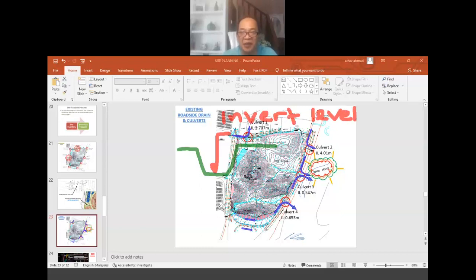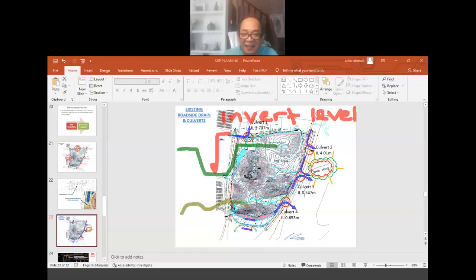Okay. So if we want to make use of this invert level or culvert to discharge water from the site kepada luar, because these are existing culverts, therefore we take note of the invert level of the culvert. Meaning that katakan this is our site, our site sini pakai warna apa, hijau, okay lah.